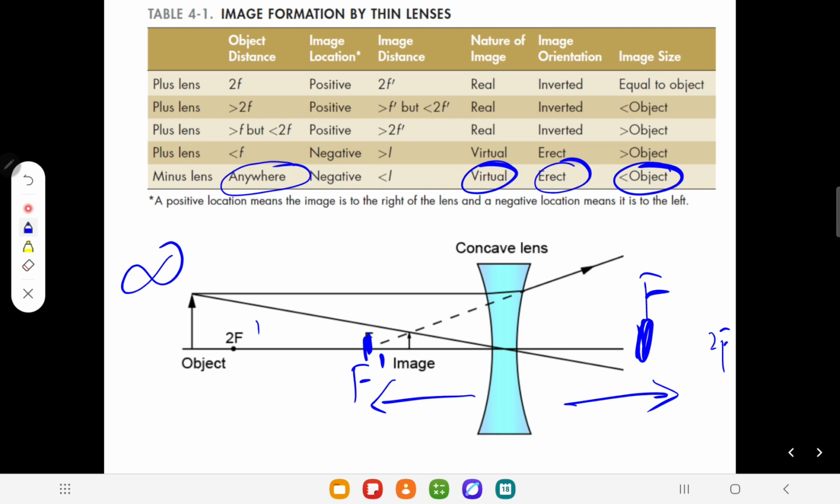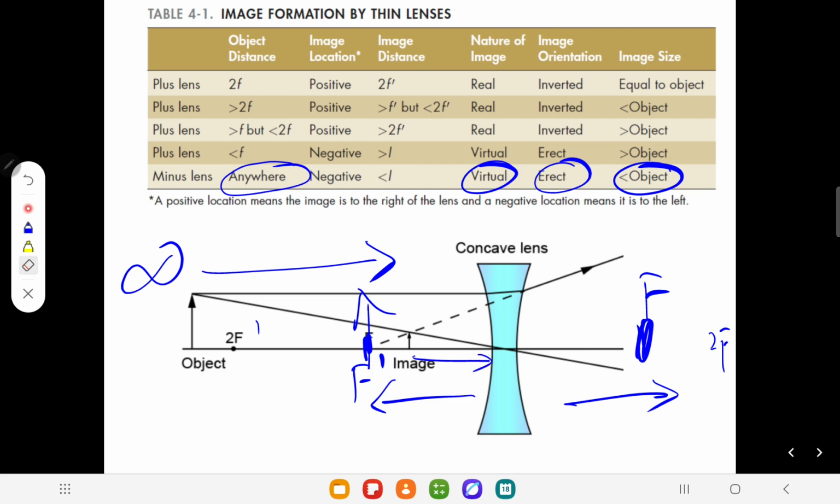So if we put the object at infinity, then the image will be on the secondary focal point. Definitely it's virtual and erect, but at the same time the image will always be minified. No matter how you move the object towards the lens, the image will be minified, and the image will be closer to the lens but not exactly touching the lens; it will move a little bit closer towards the lens.